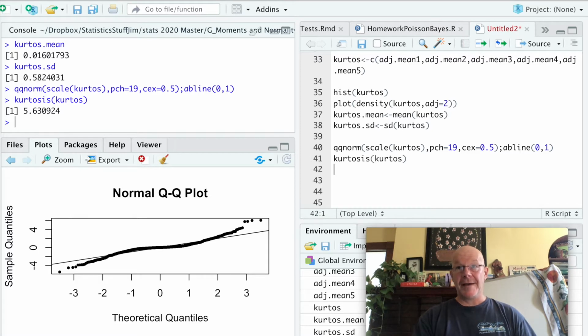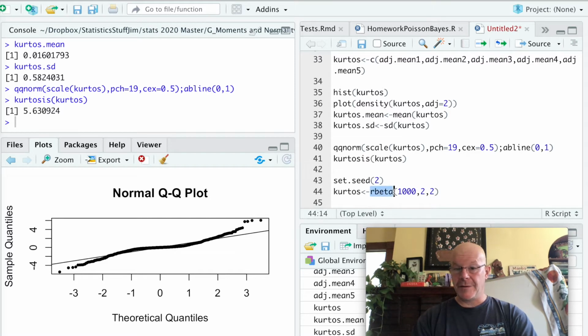The other way that you can be kurtotic, besides leptokurtic, is to be what's called platykurtic. Platykurtic refers to situations where your tails are too fat compared to the center. And so I'm going to simulate some data that will be platykurtic.